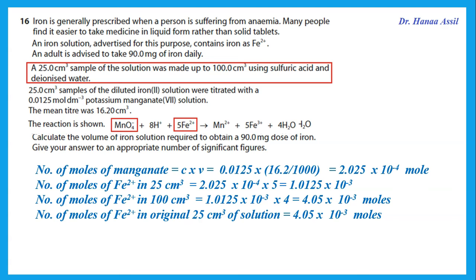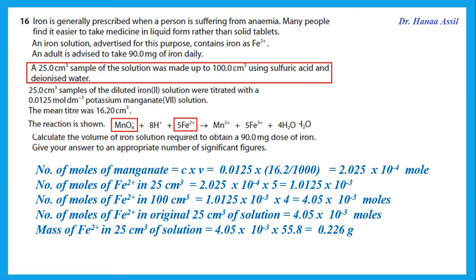Now we want a mass of 90 milligrams. So the total mass of the iron 2+ in that 25 centimeter cubed solution is, of course, number of moles times the Mr of iron. So that's 0.226. That means all the 25 centimeters cubed of original solution of iron 2 had 0.226 grams.